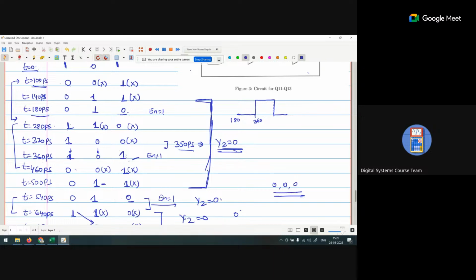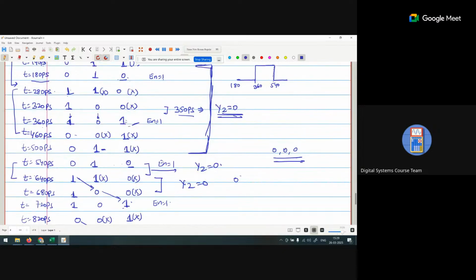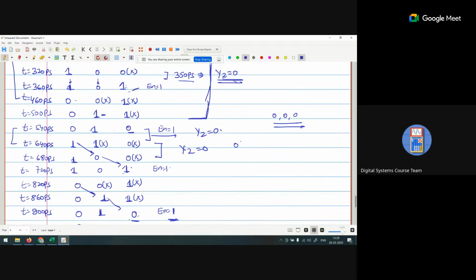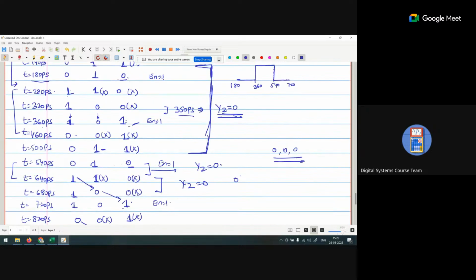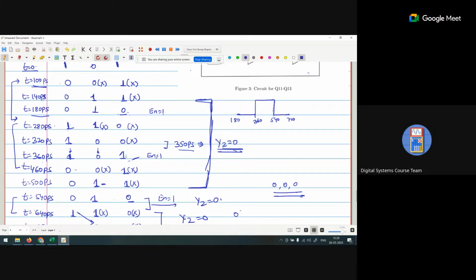Then it becomes 0 up to 720. Then from 720 to 900 it becomes 1. So this is the waveform that you draw with respect to y.